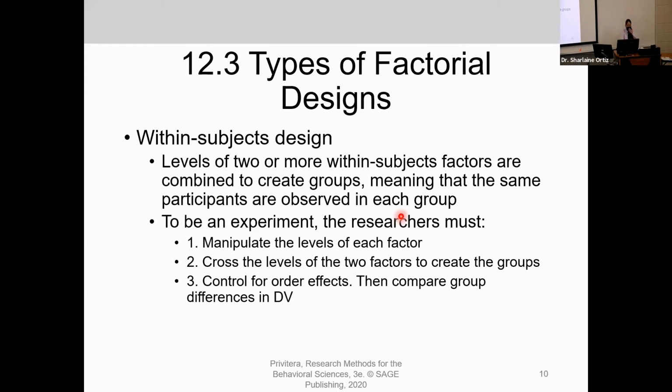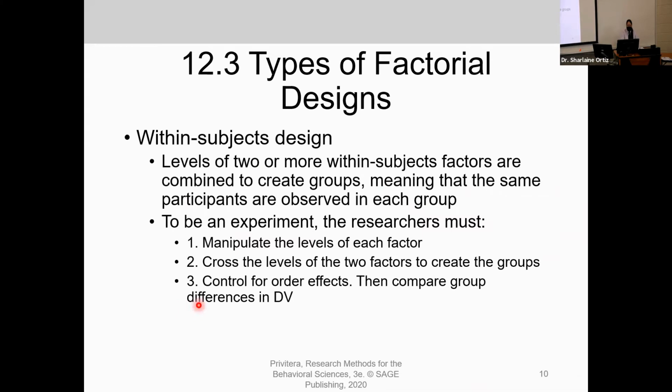So notice that, again, we would have to create the groups based on the fact that the same participants are going to be observed in each group. So for example, Peter, John, and Jessica, and my group 2 is still going to be Peter, John, and Jessica.